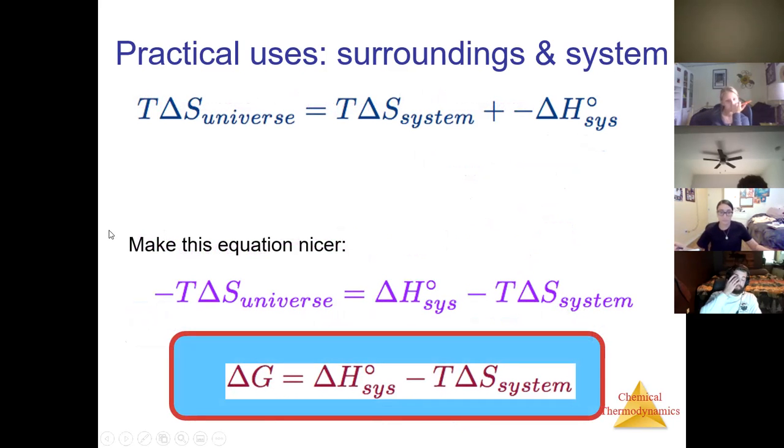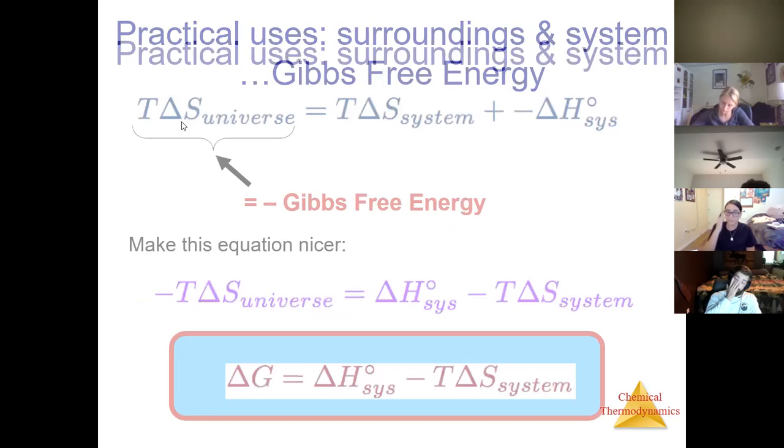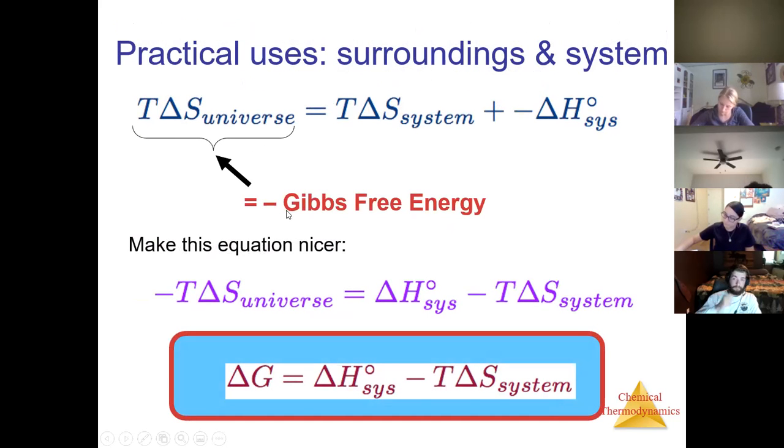So if I multiply each one of these terms by a negative, I get negative T delta S universe, which is Gibbs free energy, is equal to delta H minus T delta S. This is the equation we're going to need.